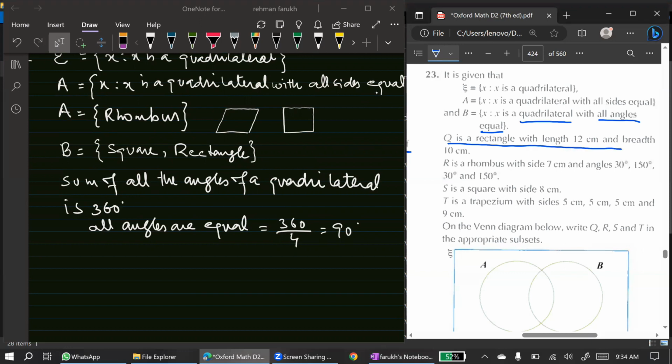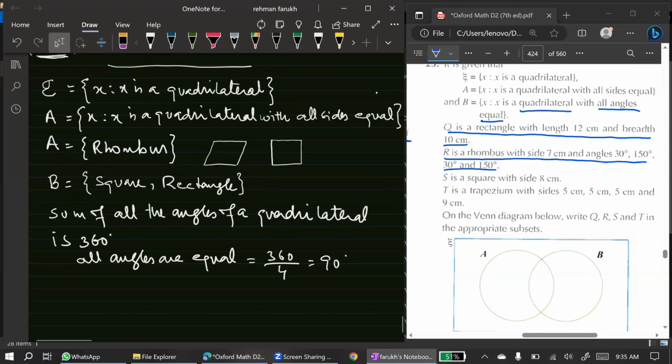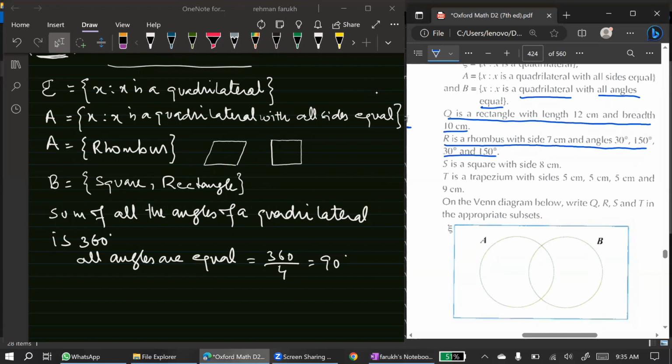Q is a rectangle with length 12 and breadth 10. R is a rhombus with side 7 and angles 30, 150, 30, 150. S is a square with side 8. T is a trapezium with sides 5, 5, 5, and 9.